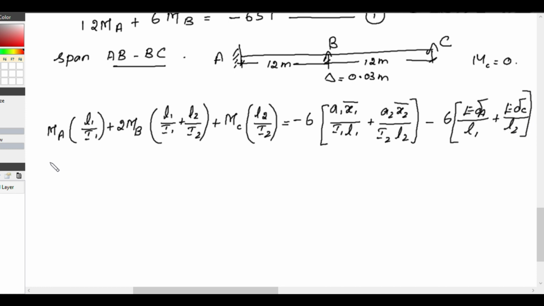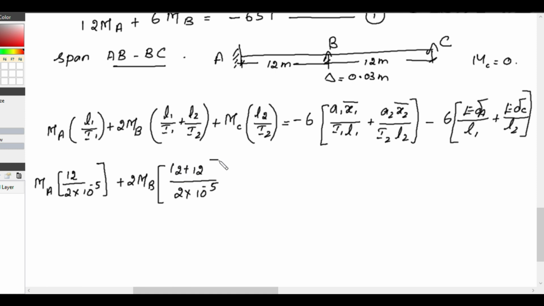Now this MA, so MA into L1, which is 12, divided by I1, I1 is 2 into 10 raised to minus 5, plus 2 times MB into, see I1 and I2 are the same, so it is 2 into 10 raised to minus 5, L1 is 12 plus L2 is 12.